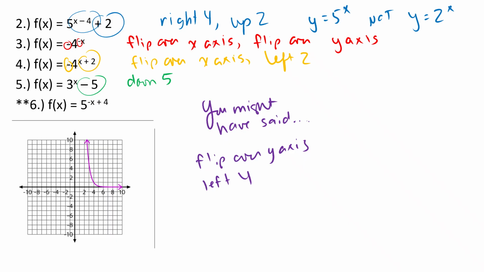So did it flip over the y-axis? Yes. Okay, so the original shaped graph was that, and that general shape should be the flip over the y-axis, which is what we have, except that did not go left 4. It is very obvious on that graph that it went to the right 4, which should raise the question of why.